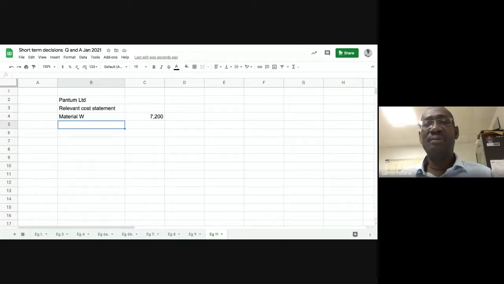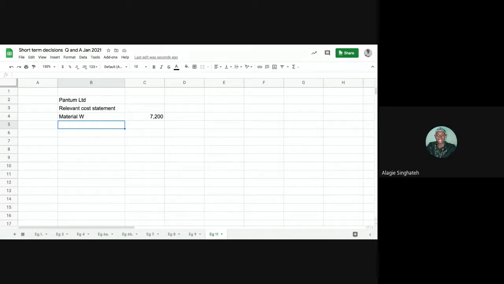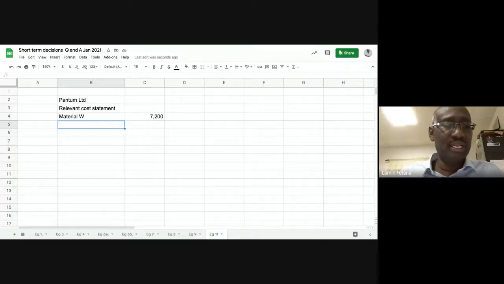Material Z. We have done material Z already. There's only one type of material that will come, that's material W. I'm saying the skill level. There are two skill types. Exactly, the skill level. So we'll start with the skill level first.